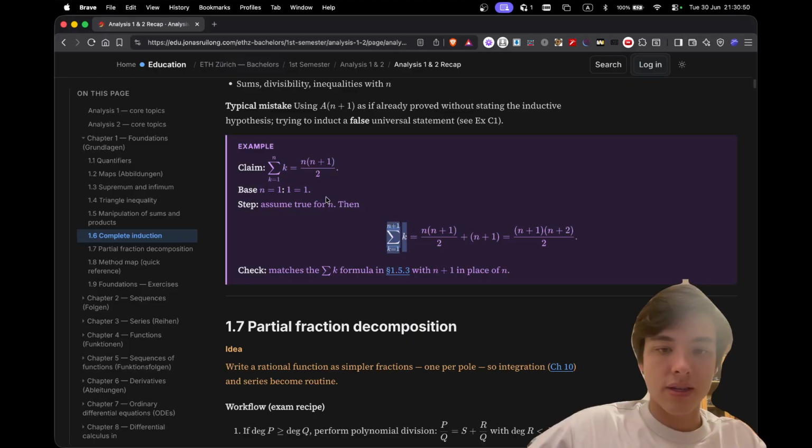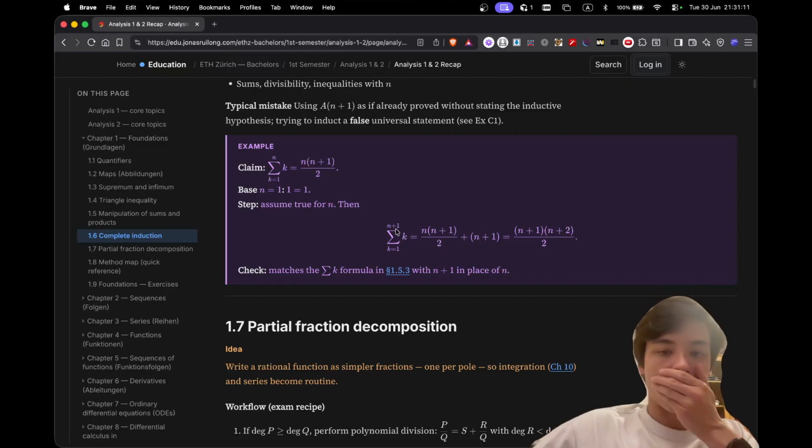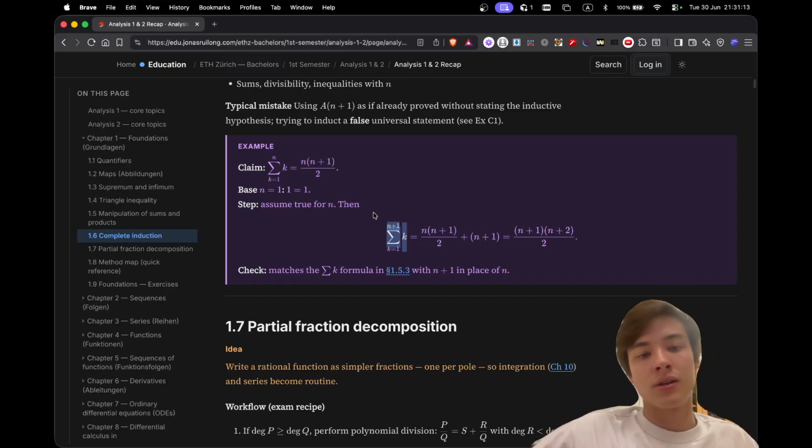So if we see this, we go to n plus 1. This is what we get for only until n. And then if we sum one more k, which is n plus 1, basically we just add this. Then we can manipulate it a bit, and we get this, which would be for n plus 1 and n plus 2. And then we prove that.